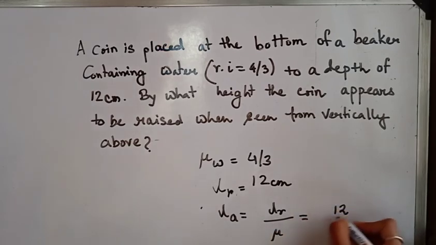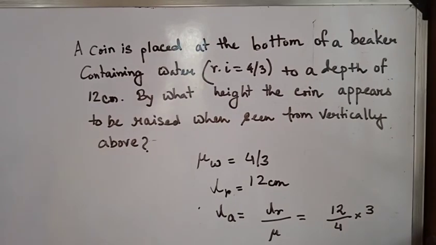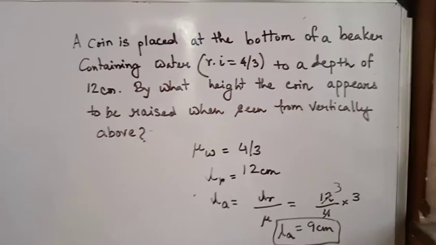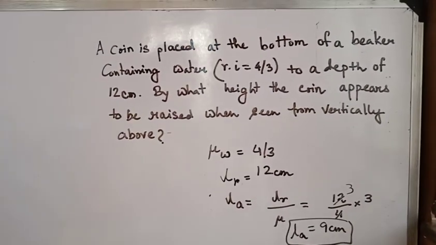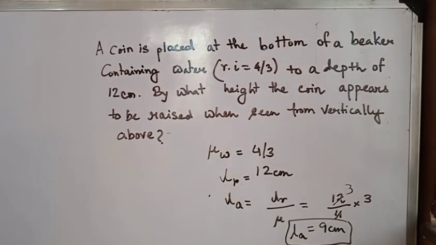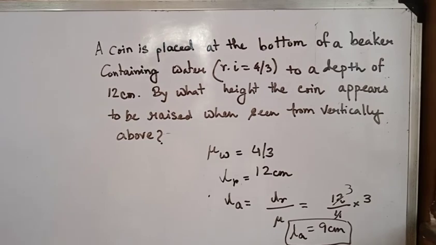So 12 divided by 4/3, so 3 will get multiplied. So this will be 9 centimeter. So the apparent depth of the object is 9 centimeter.